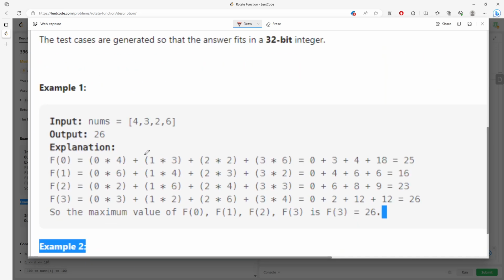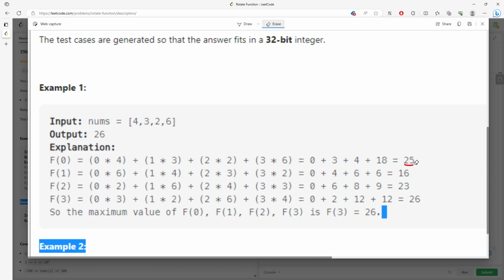So let's look at this. I'm just using this example, right? You will have a coefficient in front of every single num. So this is going to be 0 times 4 plus 1 times 3 plus 2 times 2 plus 3 times 6. Then you sum all of the multiplications up, and you get the value of 25.